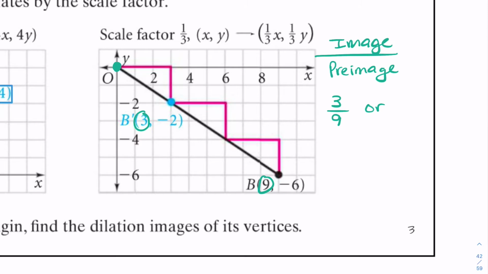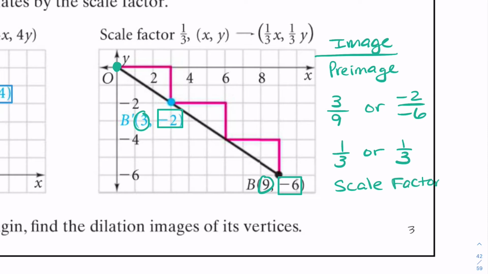The image is 3, or we could have done -2 and -6. So -2 over -6. Well, this ends up being 1/3, and this ends up being 1/3. So the scale factor is 1/3, and that's noted here.